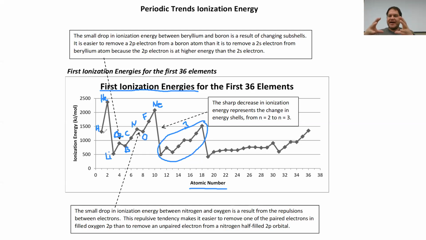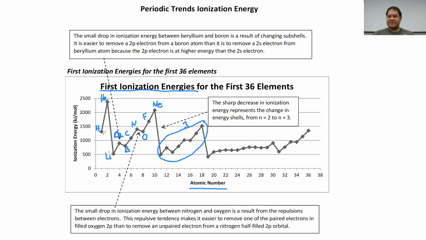So the smaller the atom, the harder to remove the valence electrons, as well as really it's the number of protons in the nucleus. So we can say that going from left to right across a period in the periodic table, there's an increase in ionization energy because there's an increase in proton number in the nuclei of those atoms.